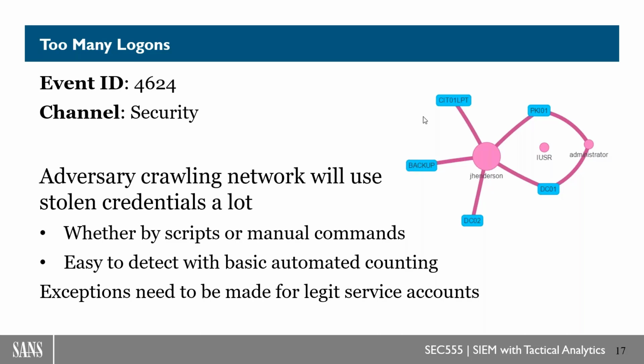You're going to see a bunch of successful logons that are going in a direction that's odd, say HR desktop to a bunch of servers, bunch of desktops, and just the volume of logons is really weird. Even whether it's interactive or network-based logons, the count is abnormal. So running scripts or even manually, if you see a bunch of logons to different assets within a given day, that's odd behavior. So I like to hone in on too many logons because people just don't really look at that much.